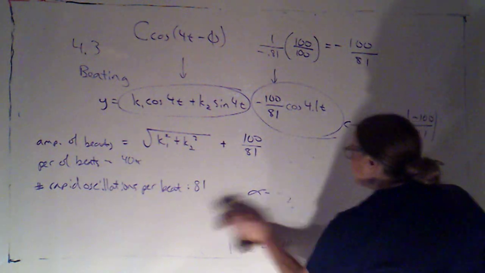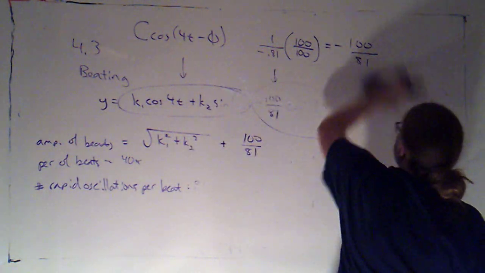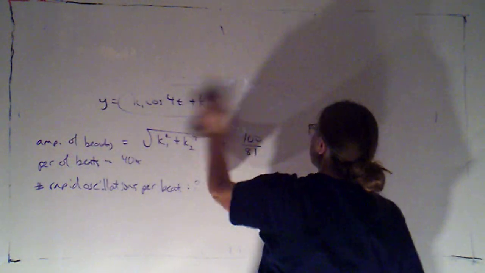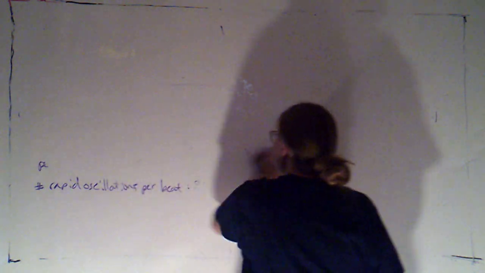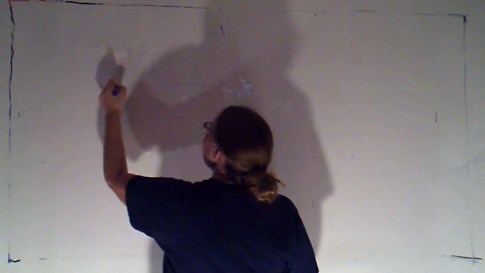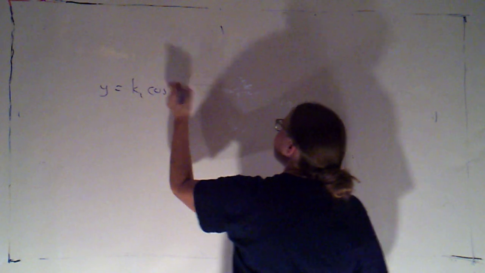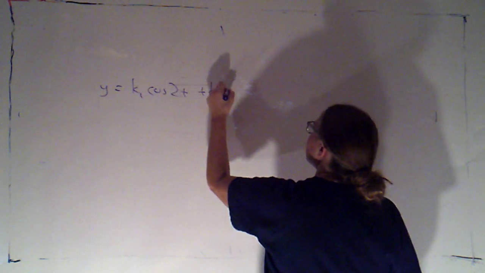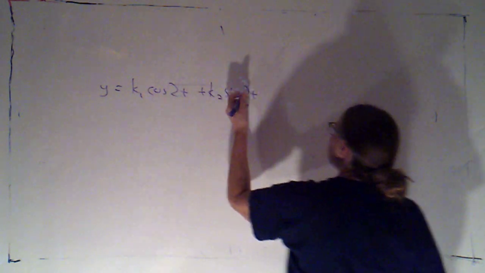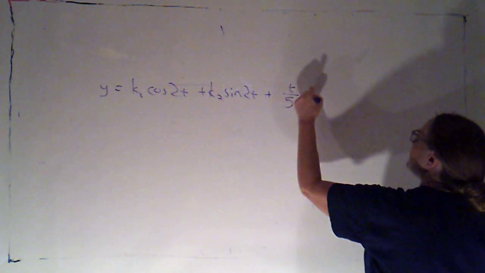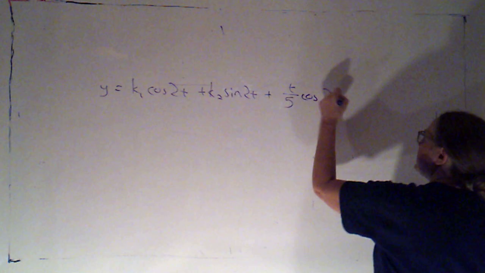Just one quick note on resonance. Again, people did very well with solving the differential equations that had resonance. So I'm just going to give you a solution, and we'll talk about graphing it. Let's suppose I had y equals k1 cosine 2t plus k2 sine 2t plus t over 5 cosine 2t.